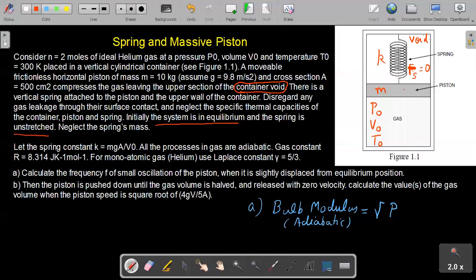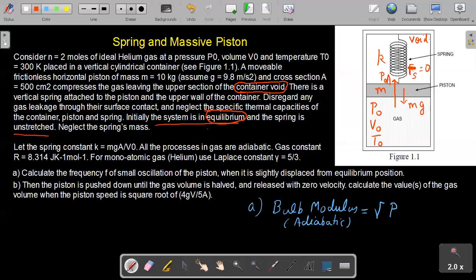So the only force will be the weight of piston mg and the force applied by the pressure due to the gas, and the force by pressure due to the gas should be P naught times of cross sectional area, and these two forces are under equilibrium, because it is given that initially the system is in the equilibrium.